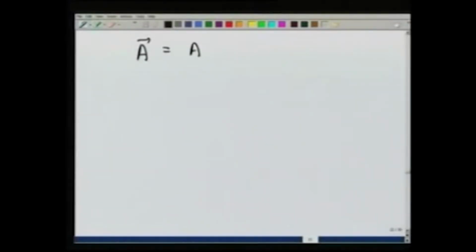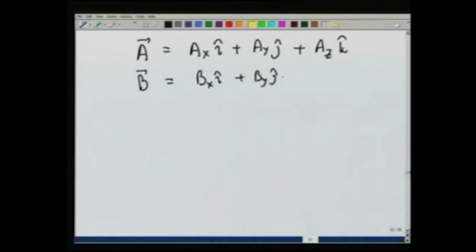Having written a vector in its algebraic form, let us ask, how do I add two vectors? Suppose there is another vector b, which is b x i plus b y j plus b z k.